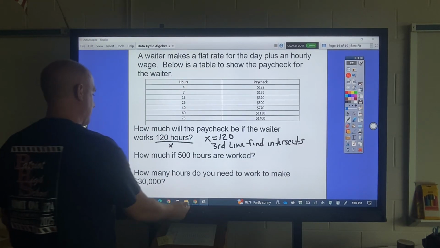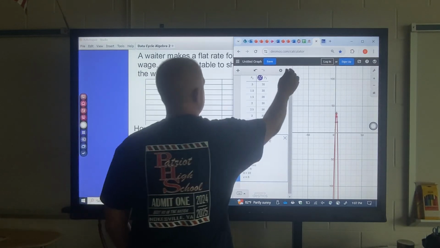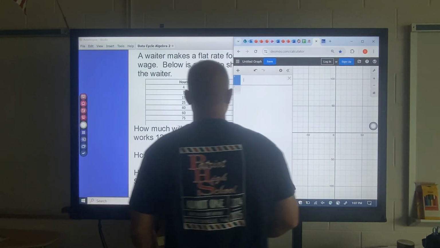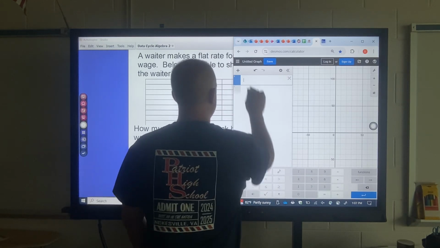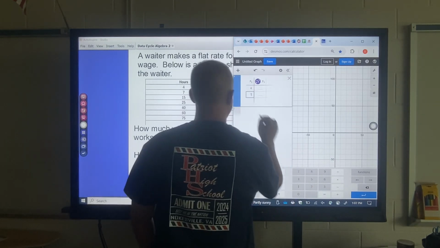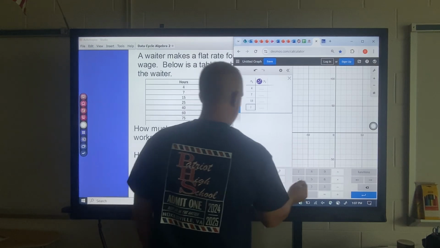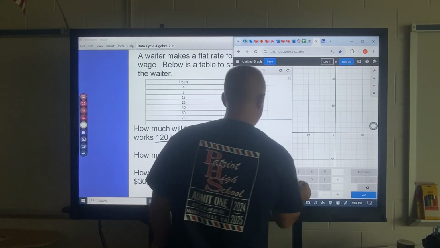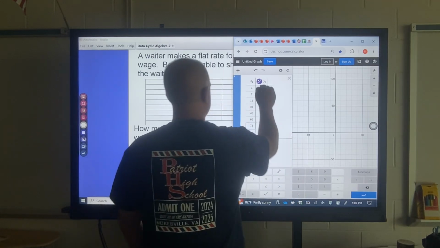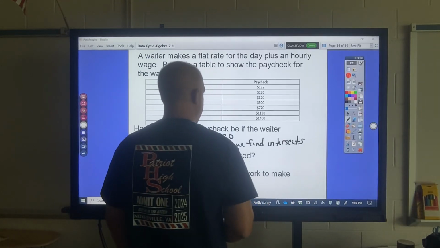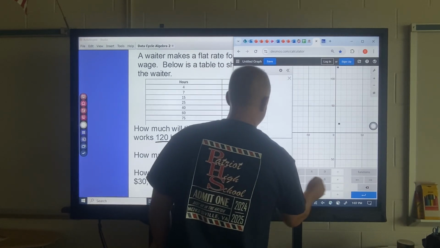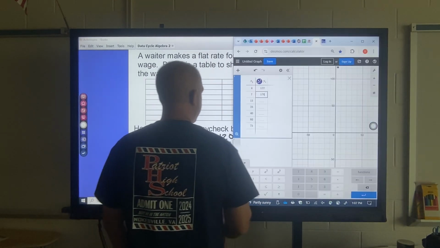Okay, I'm going to go ahead and load this data in here. Table: 4, 7, 15, 25, 40, 60, 75, and this one will be 122, 176, 320, 500.